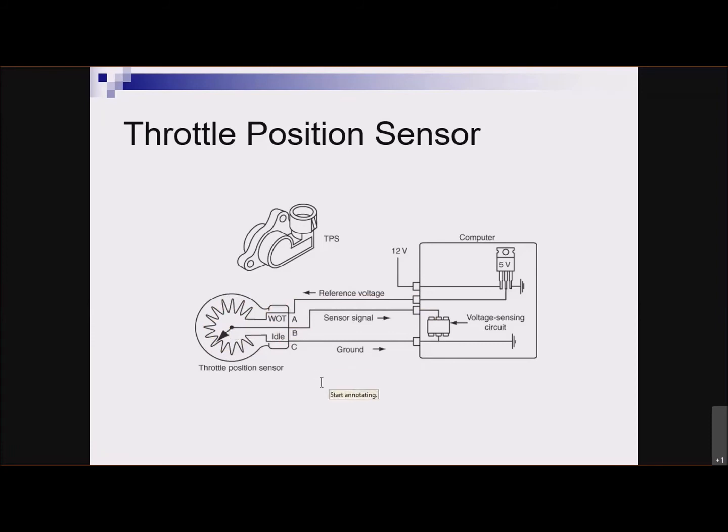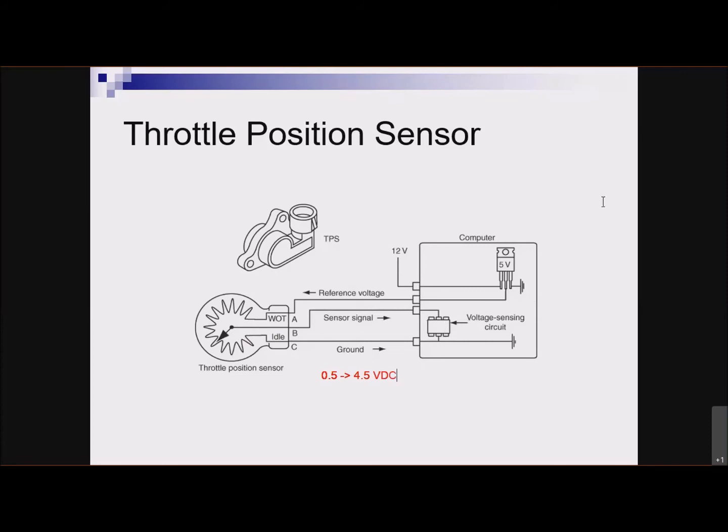So this should be somewhere between, let's say, 0.5 to 4.5 volts DC, right? So this is an analog voltage. It could be anywhere. It could be 0.5, it could be 1, it could be 1.2, it could be 1.8, 2.7, 3.5. Anywhere in between those two, this voltage sensing circuit could see.